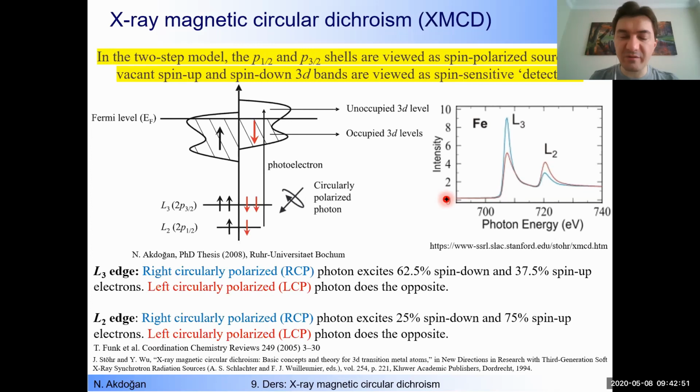Actually, the origin is more or less the same. Both of them are absorption experiments, okay? And they can be converted to each other. So you can convert XMCD signals to XRMS signals by using the optical theorem and Kramers-Kronig relations. And you can also convert XRMS experiments to XMCD results.